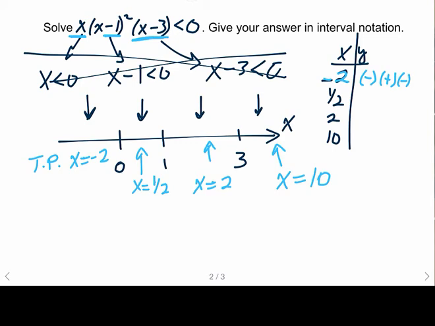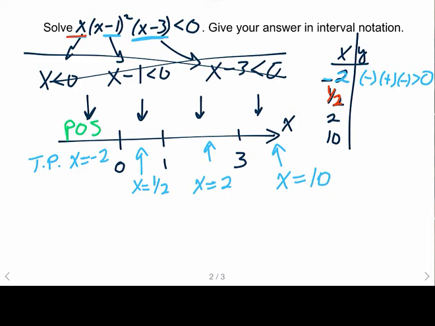And so with -2 as an input, we have negative times positive times negative. That is going to be a positive output. Because of the continuity of a polynomial function, every value to the left of 0 is going to give a positive output.